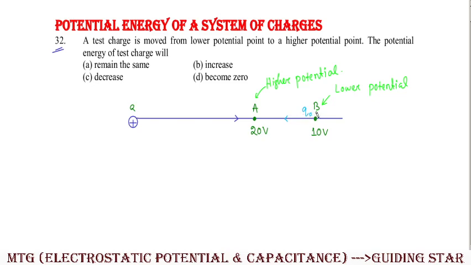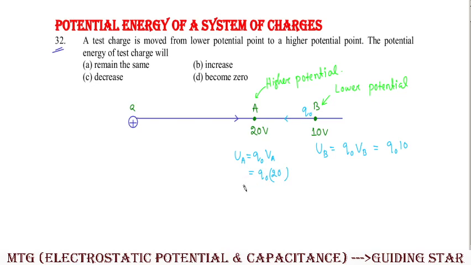What is the initial potential energy at B? It will be simply Q naught into potential at B, so Q naught into 10. And at A, it will be Q naught into VA, that is Q naught into 20.